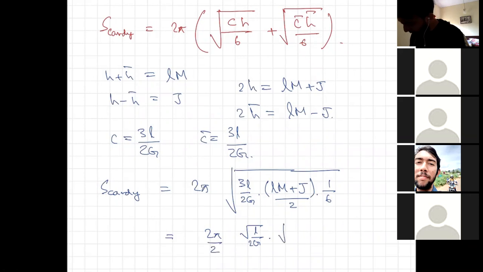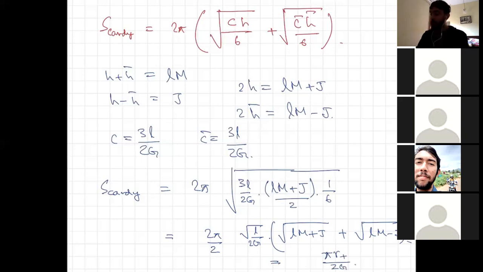When the dust settles, what you're going to get is the root of Lm plus j, and then the other one is plus the root of Lm minus j. And then you will find that this is nothing but pi r plus over 2G. Once you put your factors right, I think I may have missed a factor of root 2 in my expression for r plus.